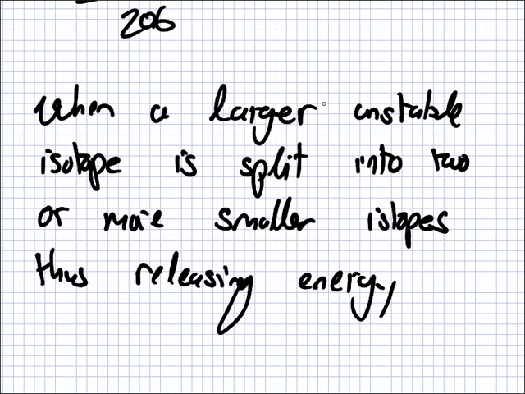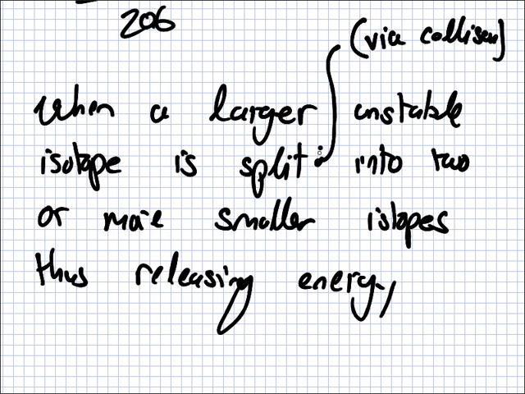I think I should also write in here when a larger isotope is split, and then maybe just put in beside this via collision. So what I mean is you collide with it to break it.